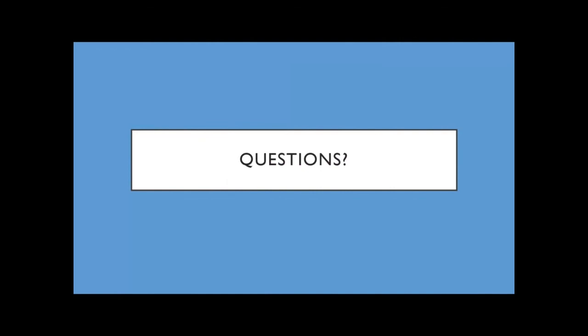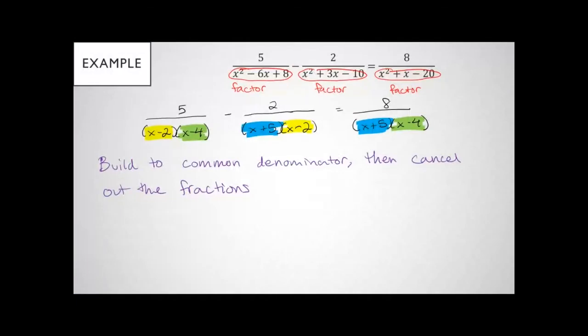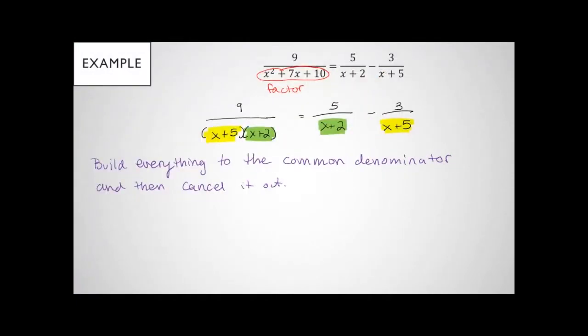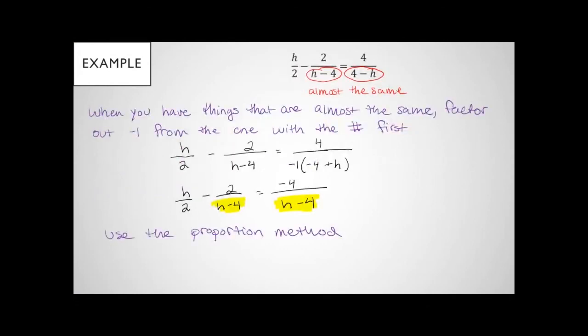Once you get rid of the fraction from there, it's just a matter of solving either a linear equation or a quadratic. I encourage you guys to try to solve these on your own based off of the suggestions that I've given here. Try to do the color coding so that you can try to match your common denominators here.